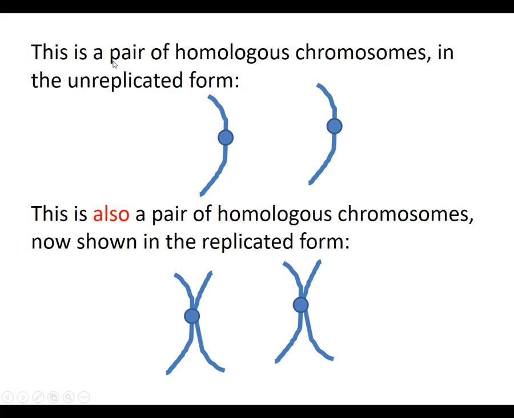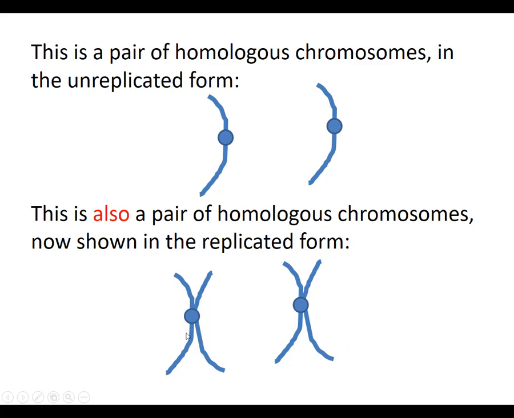Now here is a pair of homologous chromosomes, shown in the unreplicated form. So two of the same type of chromosome in the unreplicated form, and below is a pair of chromosomes shown in the replicated form.